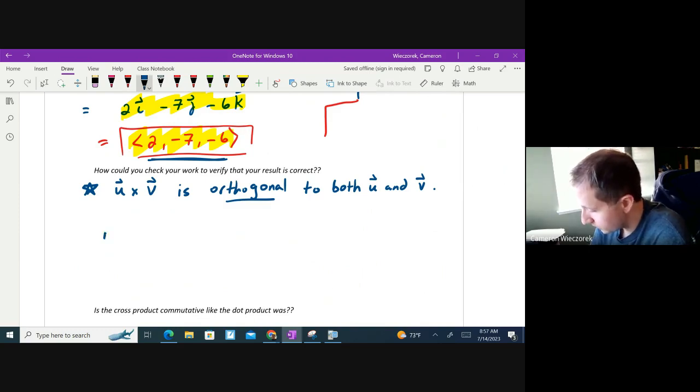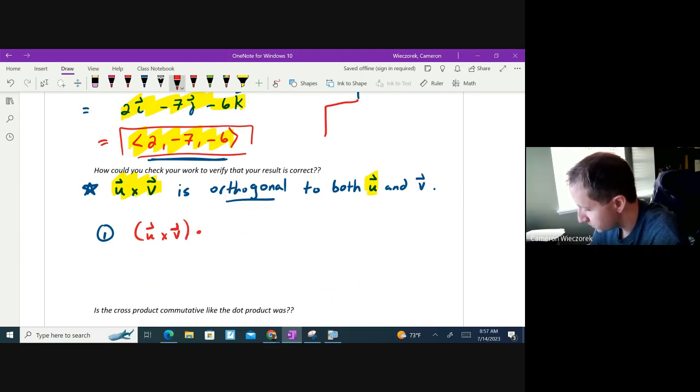Using that fact, how can we check to see if we did it correctly? If it's orthogonal, that means the dot product of your two vectors has to be 0. One of our vectors is u cross v, and it's orthogonal to u. So if I take the dot product of that vector, remember this is a vector, with u, I should get the scalar 0.